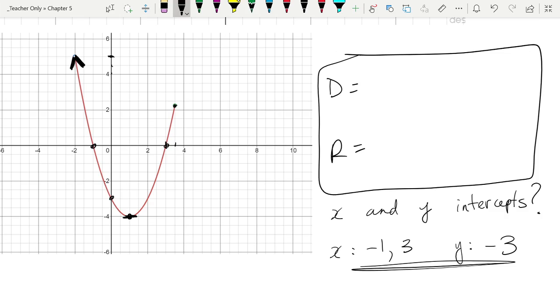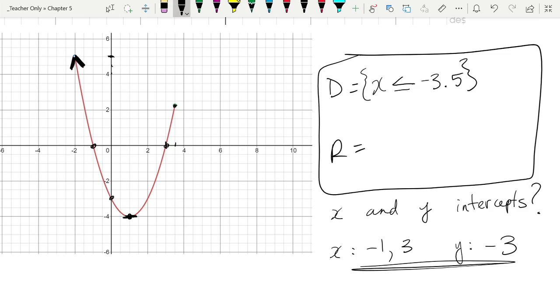I'll give you a sec to think about that. Seconds up. What's my domain? Well, what's the smallest thing x can be? X can get smaller forever. That arrow means it keeps going. So the biggest thing x can be is this 3.5. So I'd say x is less than or equal to -3/2. And yeah, you should probably still put that in a curvy bracket.